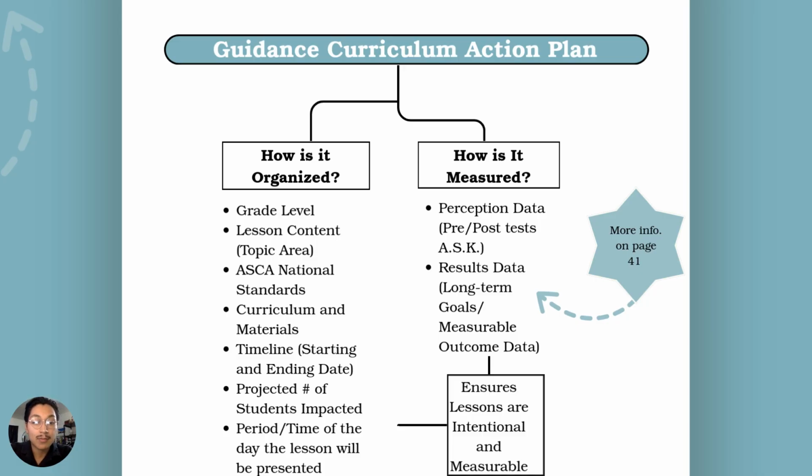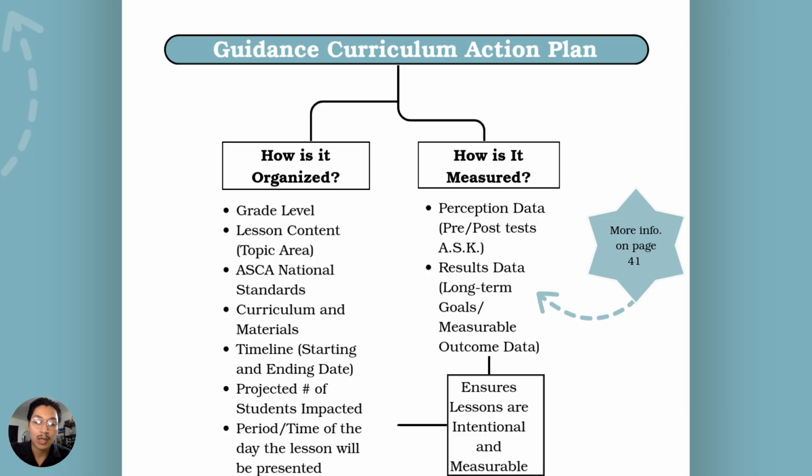And then, how is it measured? It's measured by evaluation methods: perception data and results data. There's more information on page 41, in Chapter 3, if you want to know more. Perception data is our pre- and post-test, helping us understand how students perceive the lesson or the intervention being taught, and how they understand the skills being addressed.